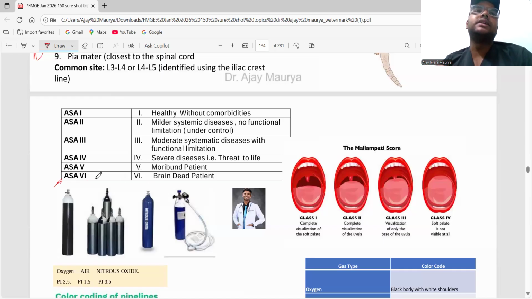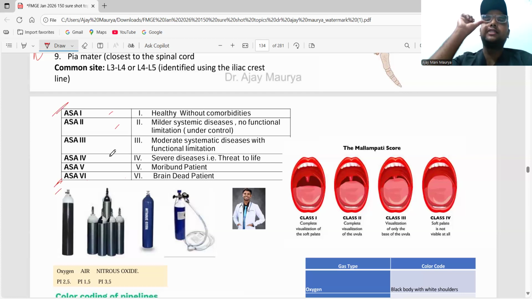So 1 is healthy, 6 is brain dead. ASA 2 means mild systemic diseases with no functional limitation. It means they have BP, sugar, but it's controlled. Simple language.